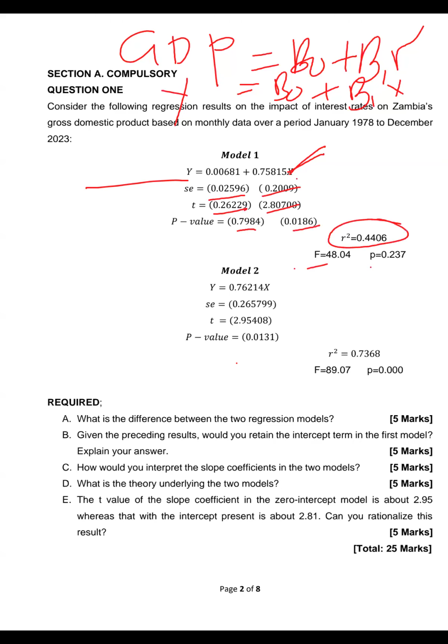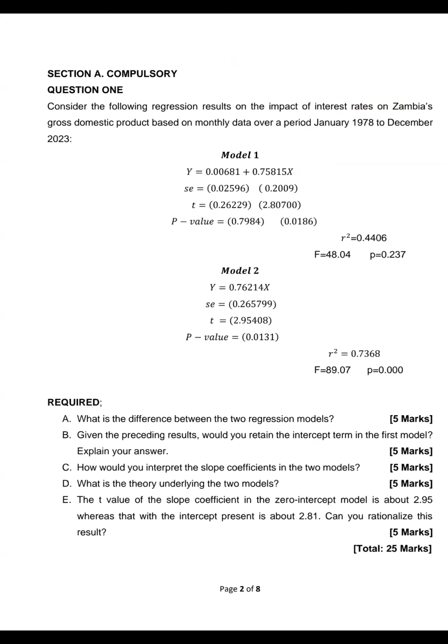So what is the question really saying? Maybe we go straight to the question. What is the difference between the two regressions? Number 1, what do you think would be the difference?